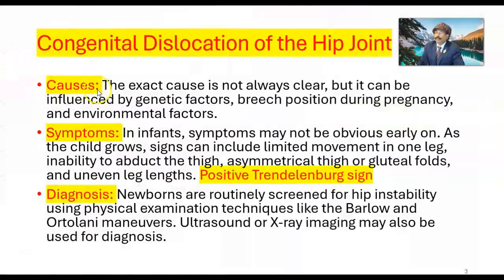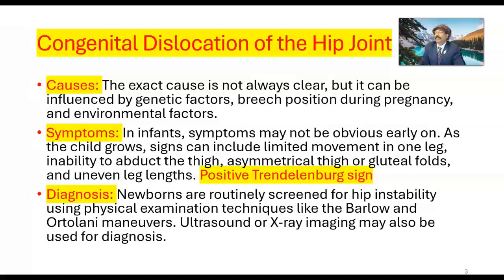What are the causes of congenital dislocation of the hip joint? The exact cause is not always clear, but it can be influenced by genetic factors and breech presentation. Normal presentation is cephalic, breech presentation is abnormal.